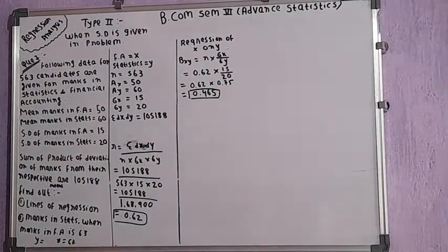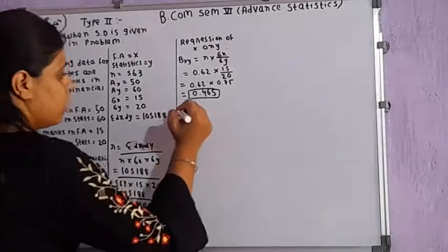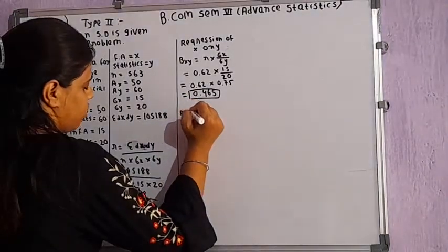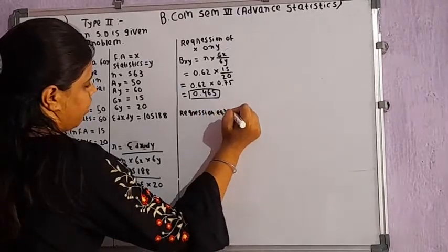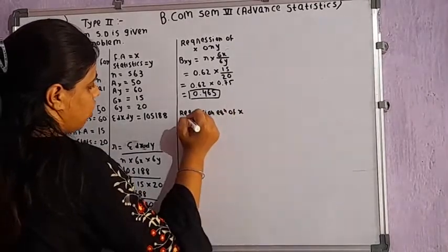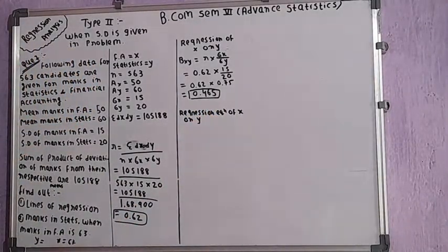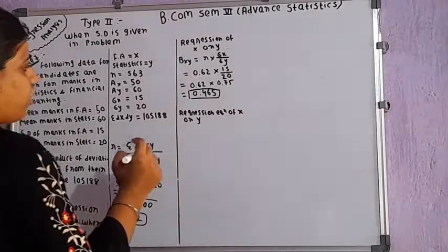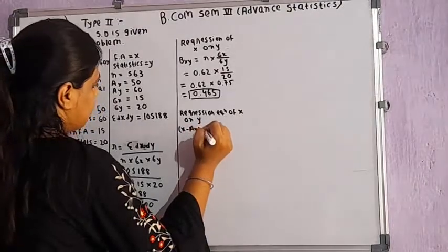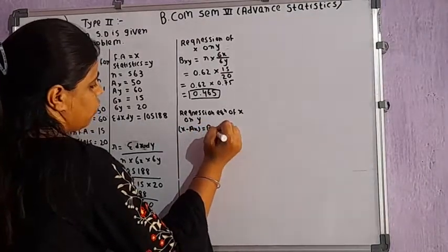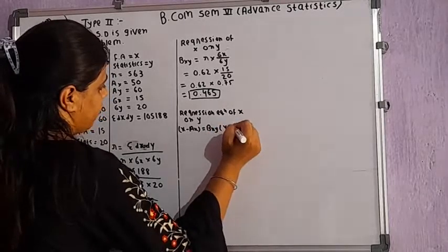Now what is the next thing that we have to do? We have to find out the regression equation of x on y. Here what is going to be the formula? X minus ax is equals to bxy into y minus ay.